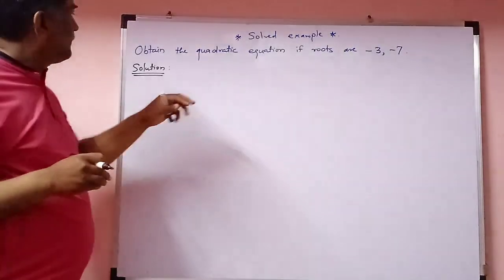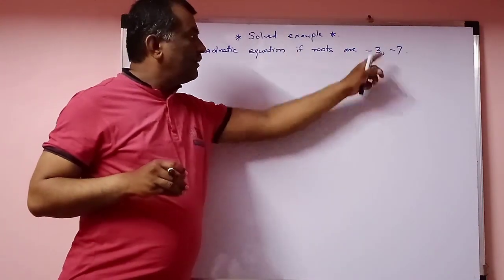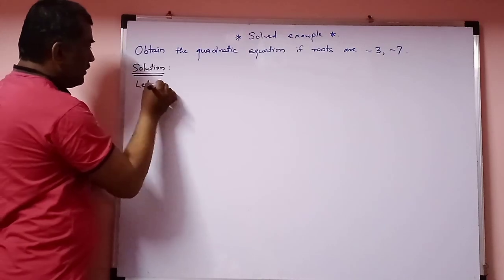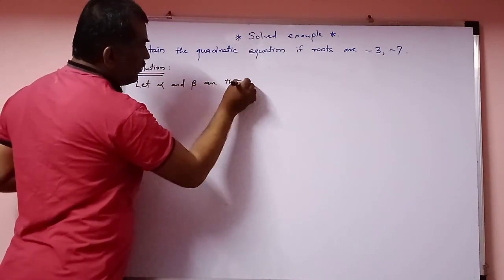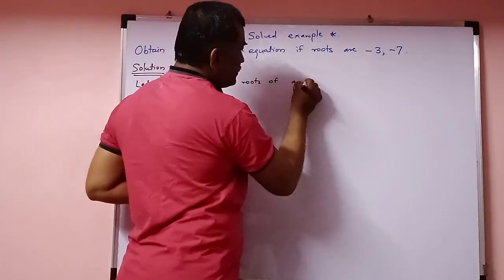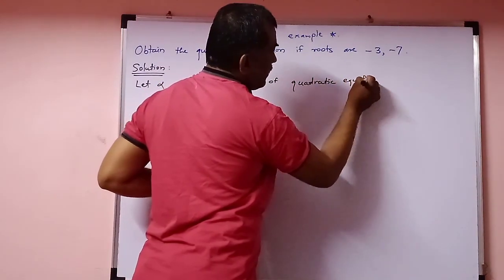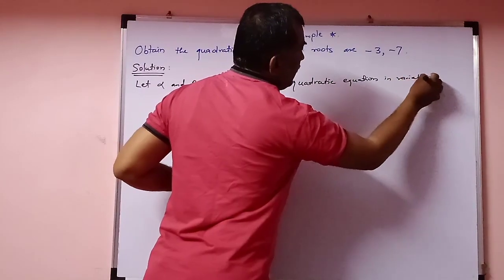Solve example. Obtain the quadratic equation if roots are minus 3 and minus 7. Let alpha and beta be the roots of quadratic equation in variable x.